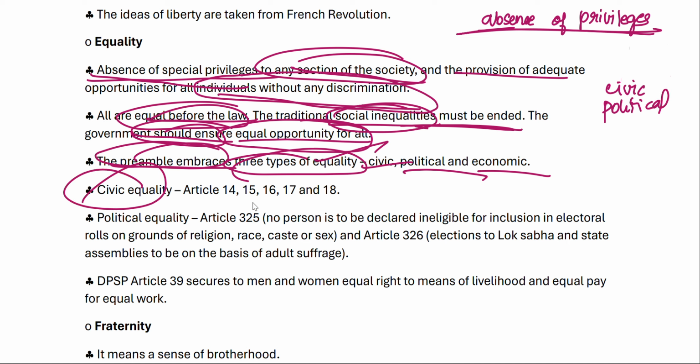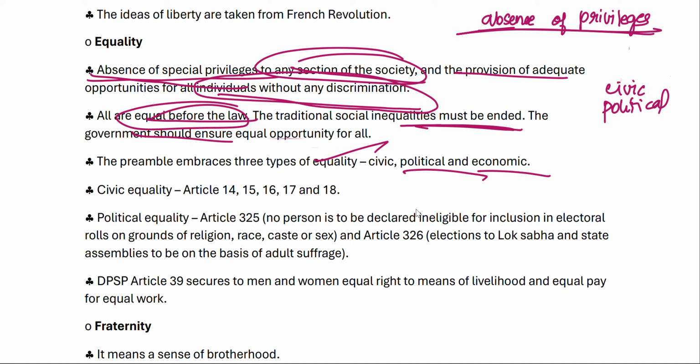Civic equality is under Articles 14 to 18. Political equality is under Articles 325 and 326, where everyone is eligible for voting.